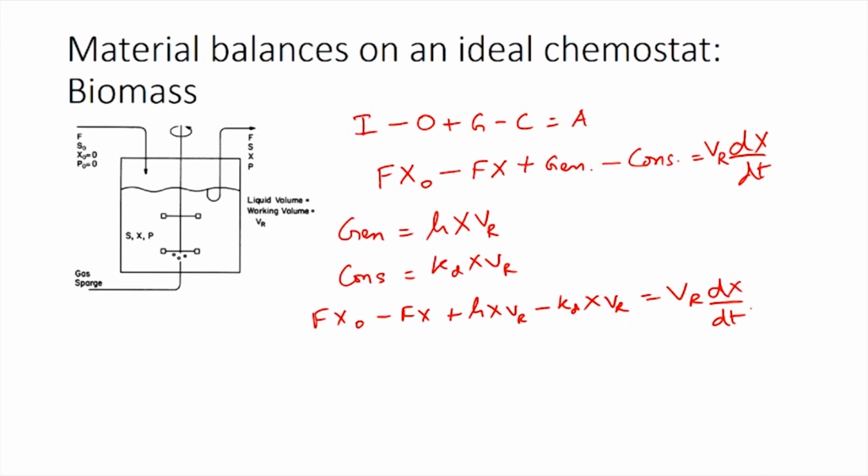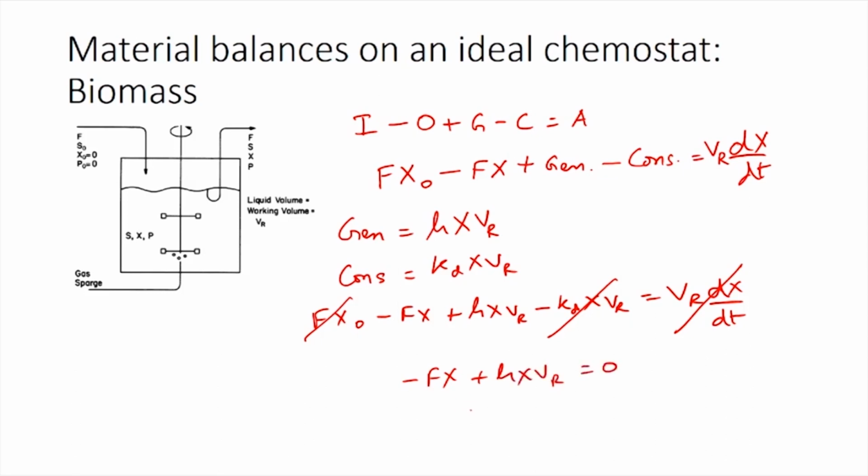When we consider a steady state operation, the accumulation term will go to 0, and if we do not have any endogenous reactions or cell death, Kd will also go to 0. If you have a sterile feed, x naught goes to 0, giving you an equation which is minus Fx plus mu x Vr equals 0.